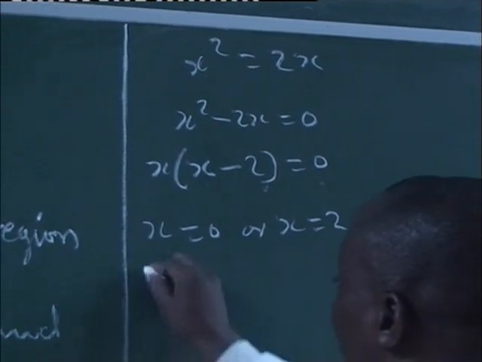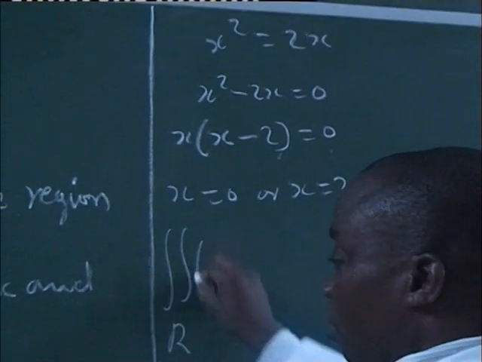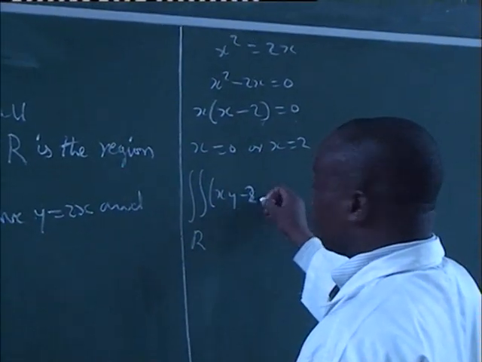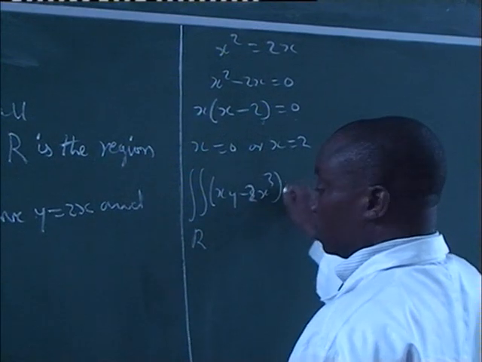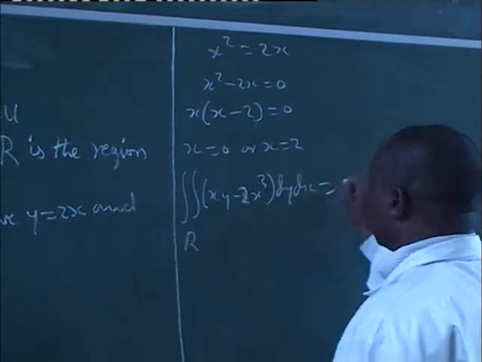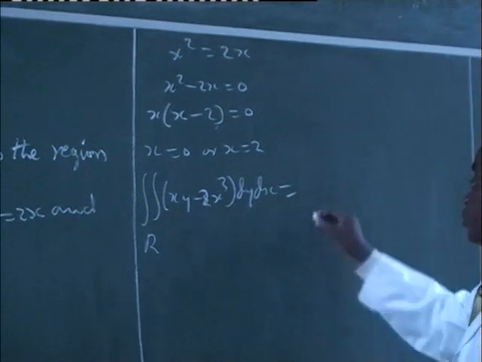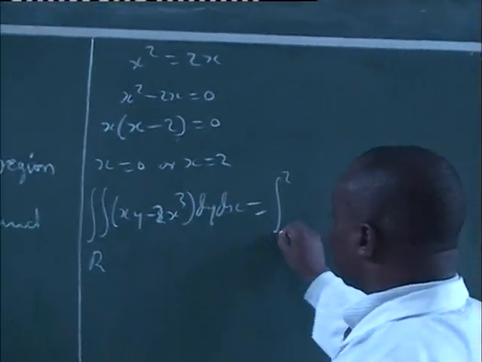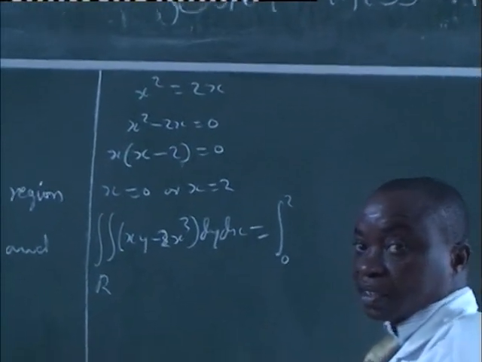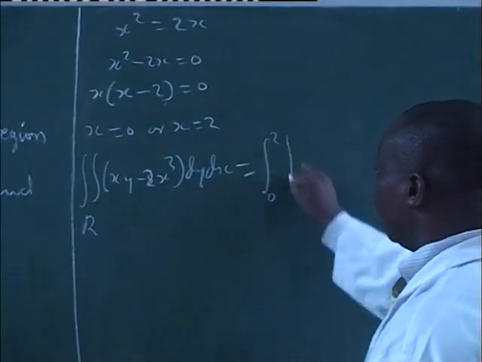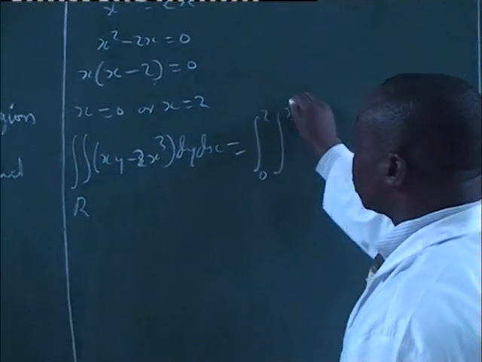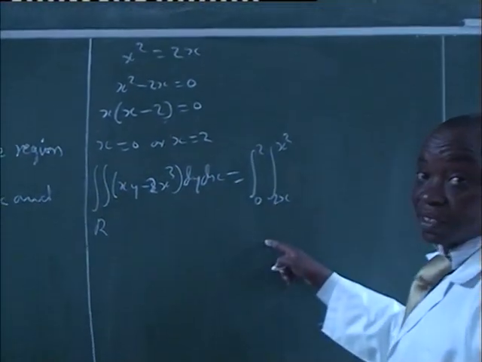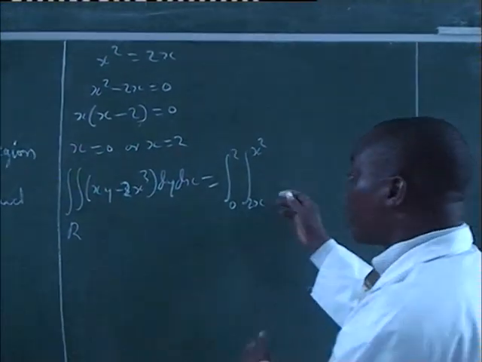We have got it now. So the double integral over R of xy minus 2x cubed dy dx now becomes the integral from 2 to 0 for the x side, and then the integral from x squared to 2x for the y side.